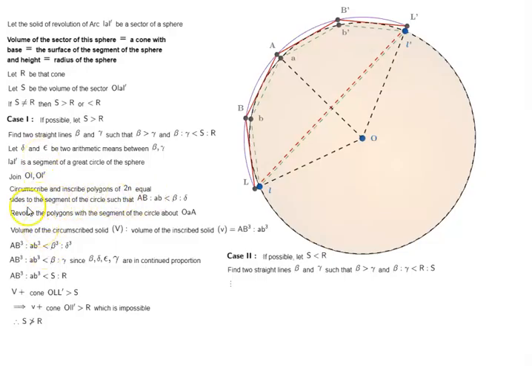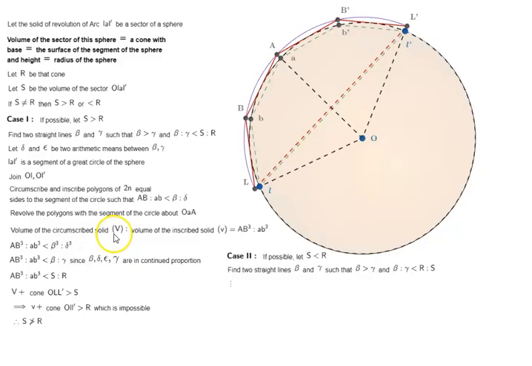Circumscribe and inscribe polygons of 2n equal sides to the segment of the circle such that AB is to AB prime is less than beta is to delta. Revolve the polygons with the segment of the circle about OA.